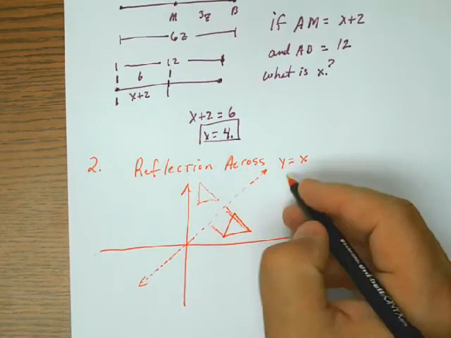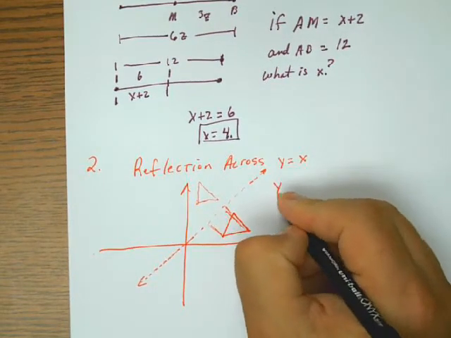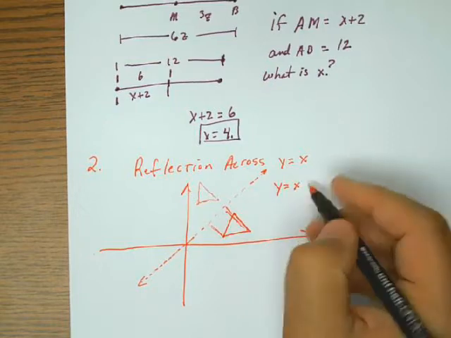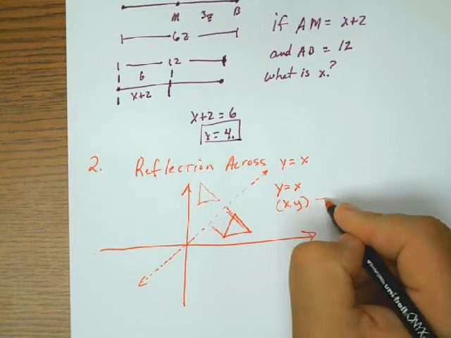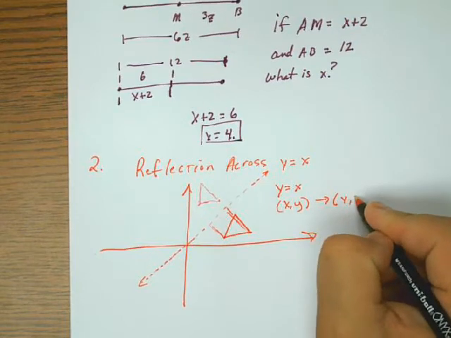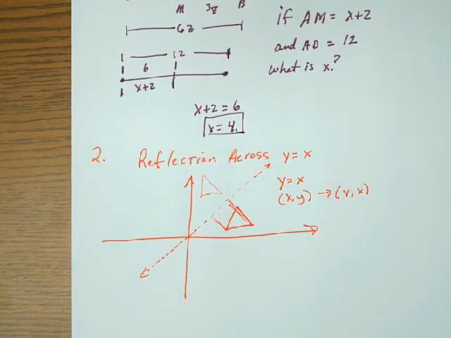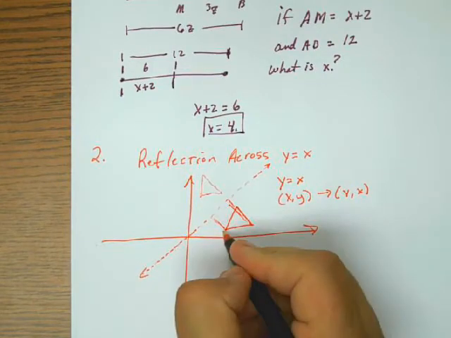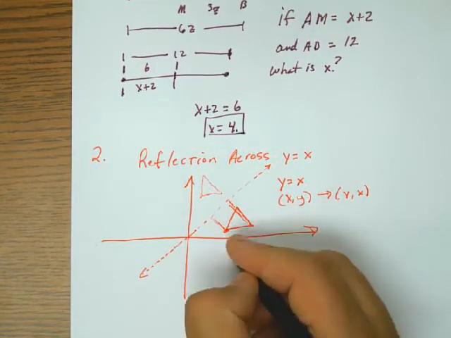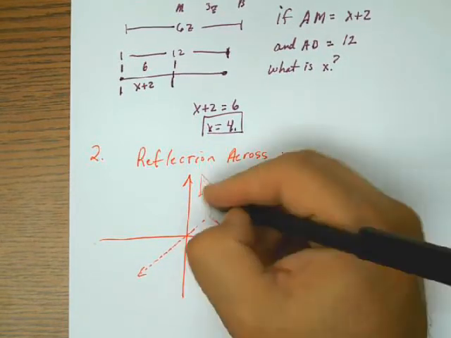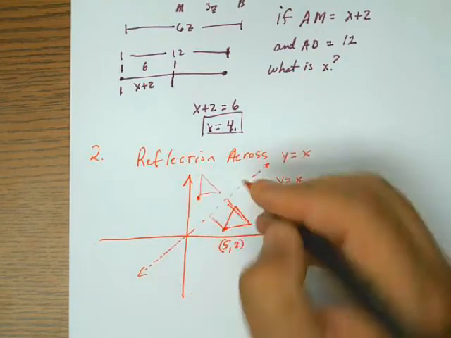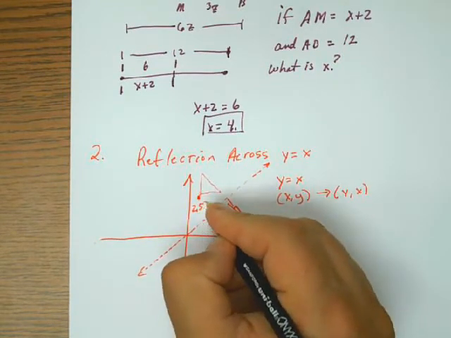Anybody remember the rule for the reflection of y equals x? Switch the places of the x and the y. So if this point was, let's say, 5, 2, then the point of reflection would be 2, 5.